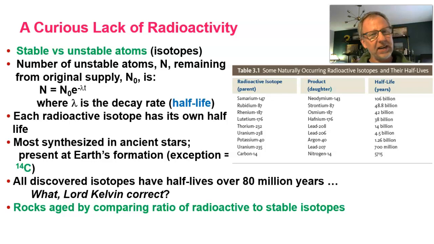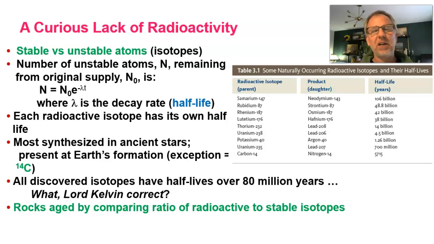As I was saying, if we can measure the proportion of the original isotope to the daughter isotope in a rock sample, for example, we can estimate how old that rock is. Most of these radioactive isotopes were synthesized in ancient stars long ago, and they were present upon Earth's formation.